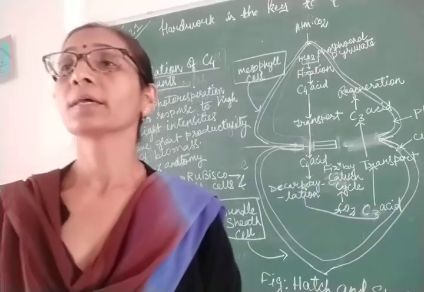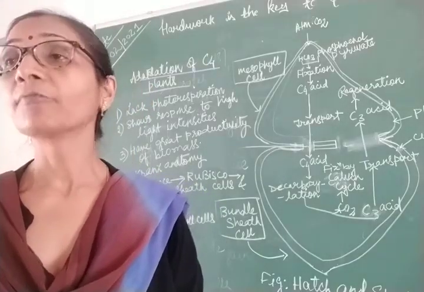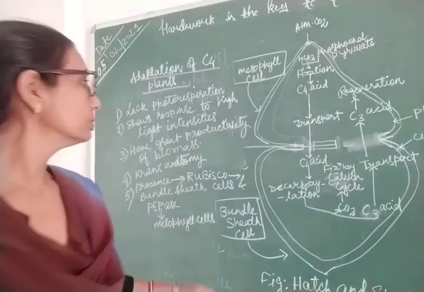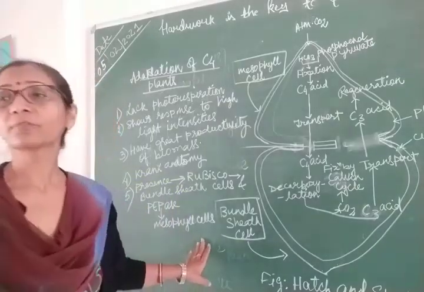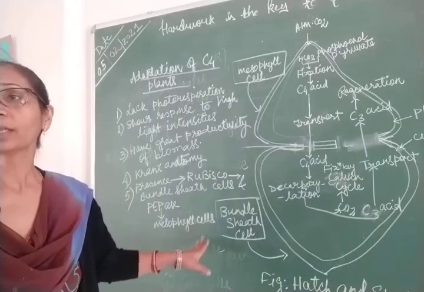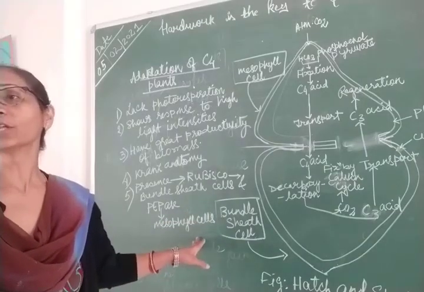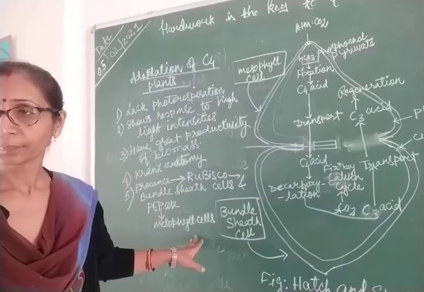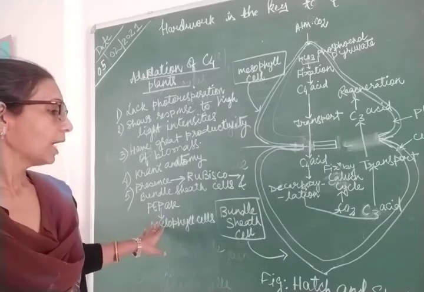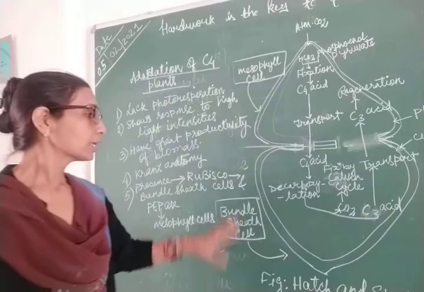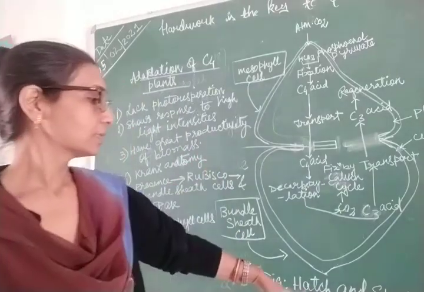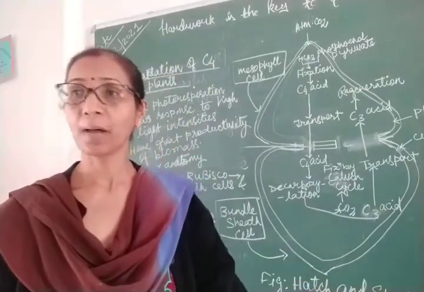So in this way, the C4 plants have been adapted to remain in climatic conditions where even high intensity of light is present, and in this way they show the Hatch and Slack pathway.